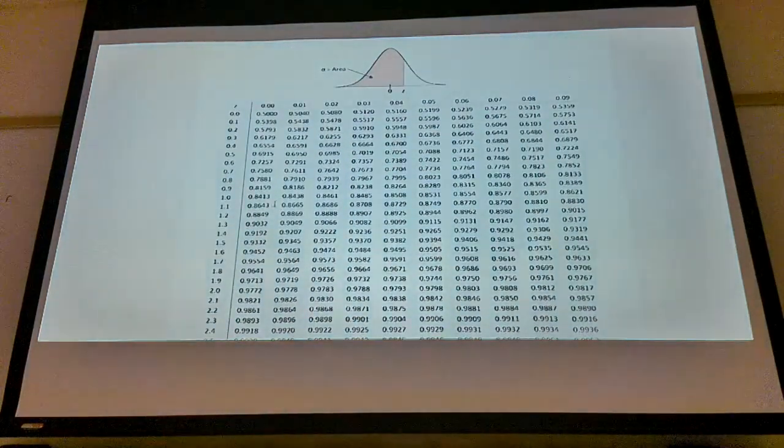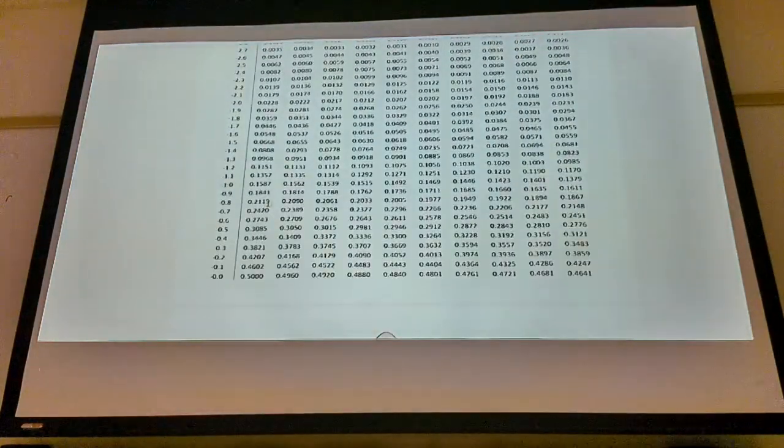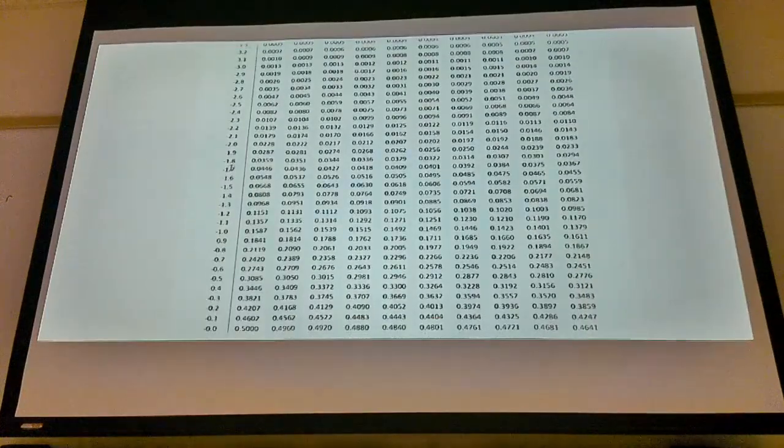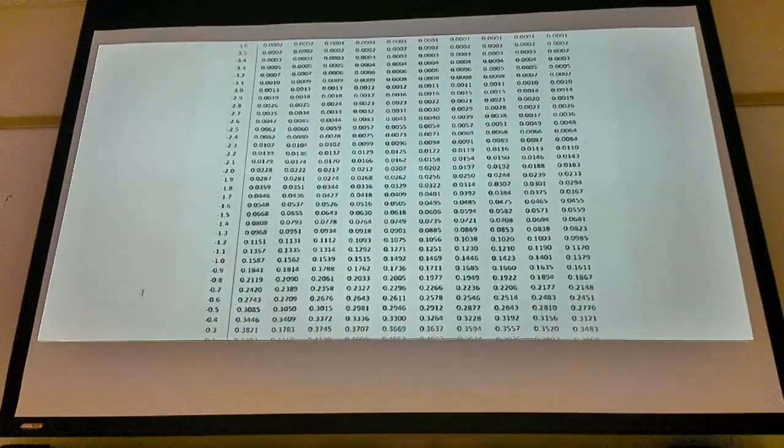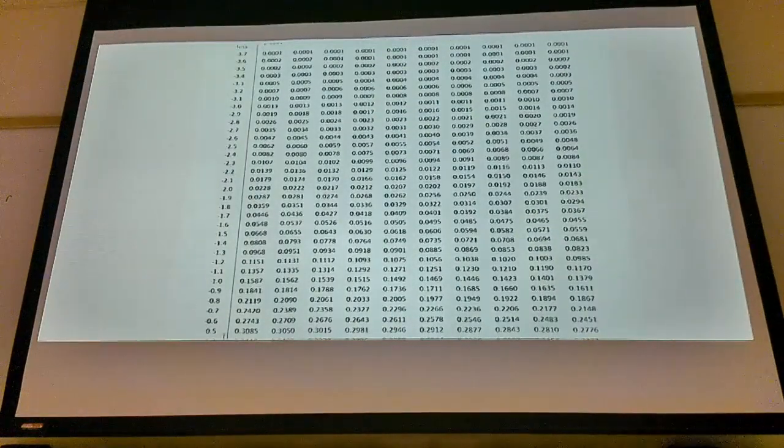All right, our z-scores are negative. First page. Negative 0.54, 4946. Yeah, here, 0, 1, 2, 3, 4. So it's that one.